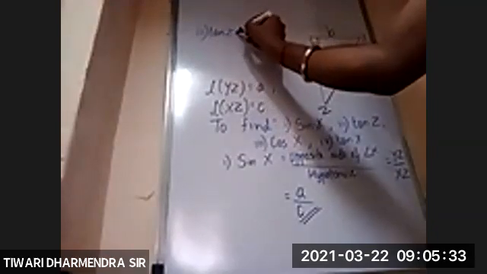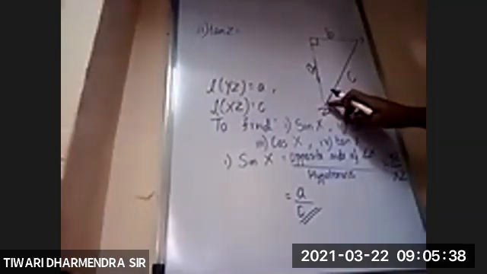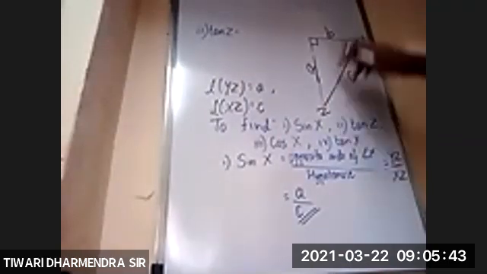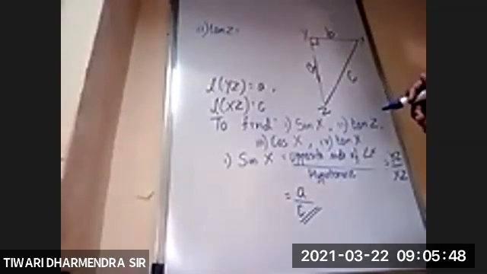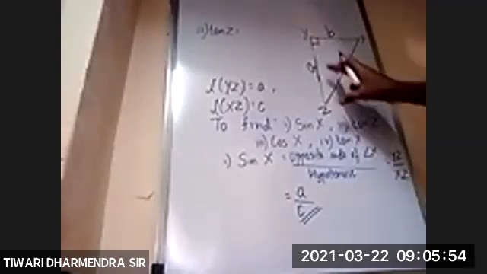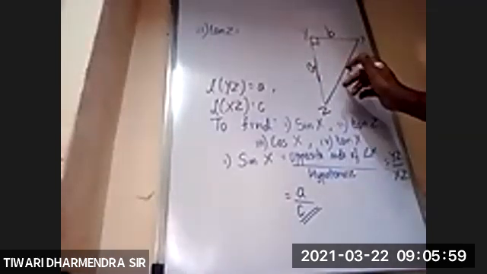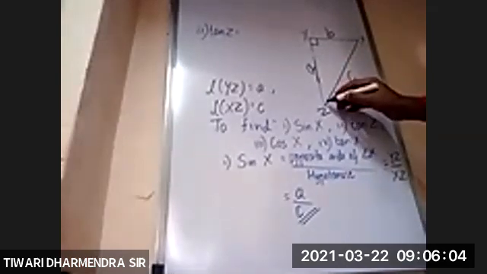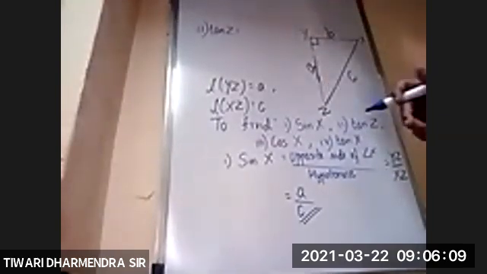Tan of angle Z. Now we can see here Z is at the bottom and opposite to Z is XY, and adjacent to Z is ZY as well as ZX, but we'll be selecting ZY. In the earlier class, I explained that the hypotenuse is always fixed, and whenever it comes to adjacent, we should always ignore the hypotenuse part and take adjacent as YZ.